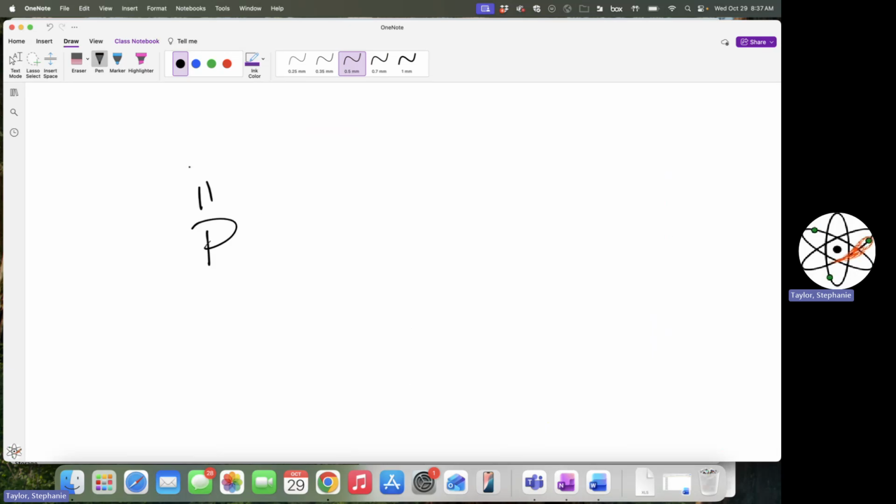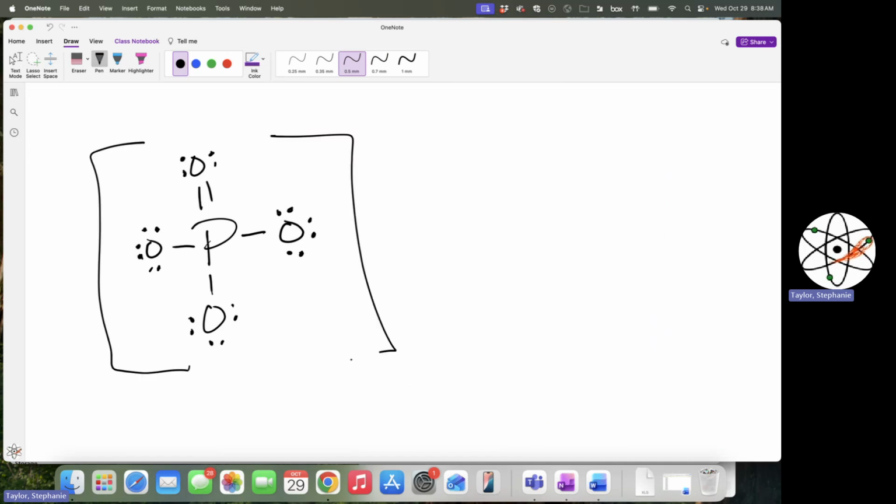I don't remember which molecules Alex did and which ones they didn't do. But Alex basically did something like this. So here is phosphate. Anyway, doesn't matter. Here's phosphate. We'll go ahead and stick the charge on the outside too.